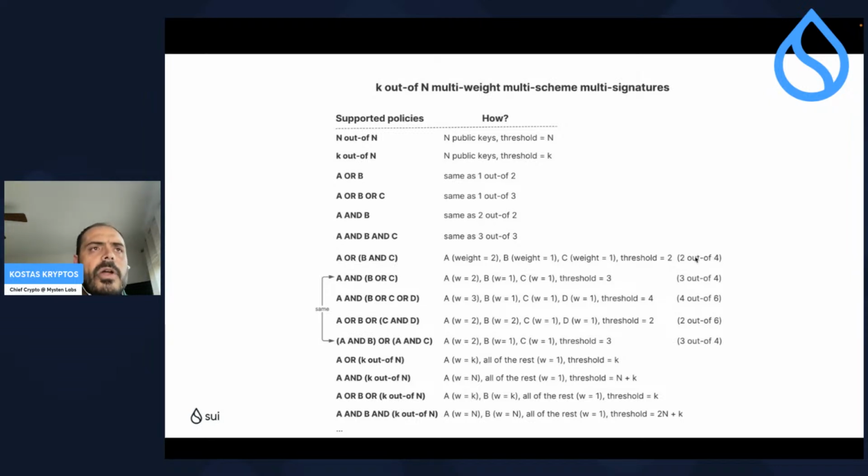Key A on its own, with a weight of 2, can sign, or B and C together can sign, and they can meet the threshold, and this is how you can do A or B and C. As you can see here, you can do a lot of very interesting structures without requiring custom logic. You just use plain multi-sig.